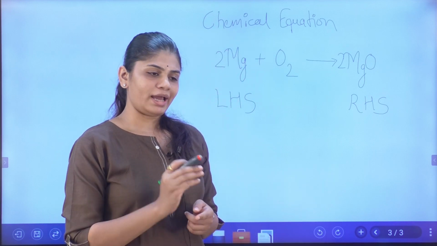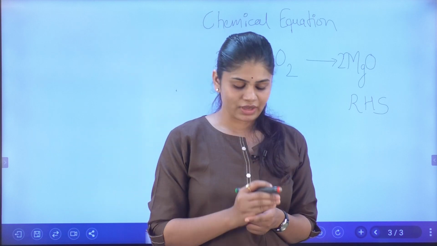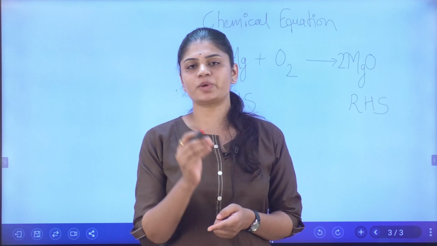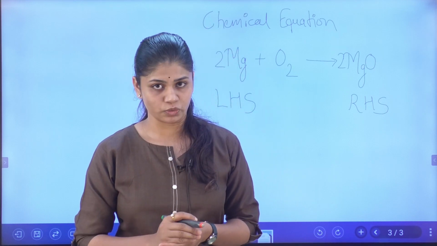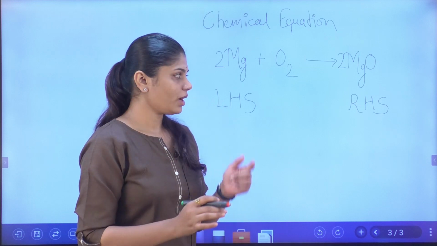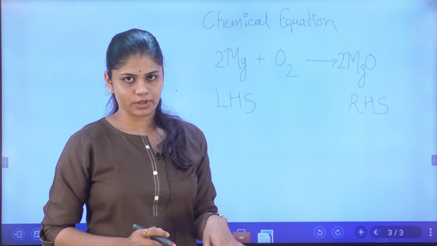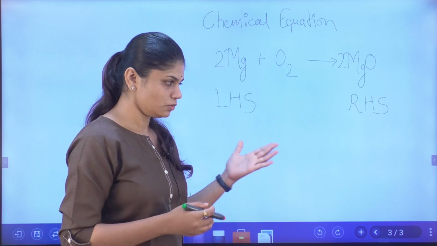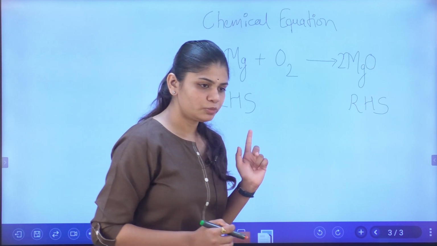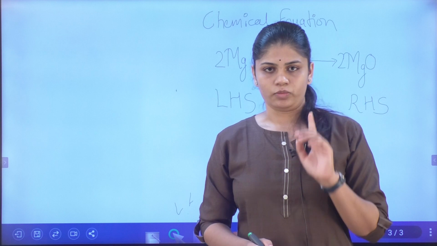So why basically are chemical equations used? The very simple answer is to express the chemical reaction. I hope I am clear with this also. And how to write a chemical equation is the same as I have already told you. Now we will move towards balancing the equation.